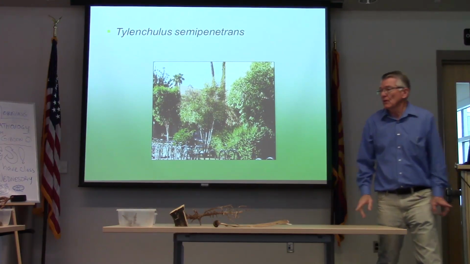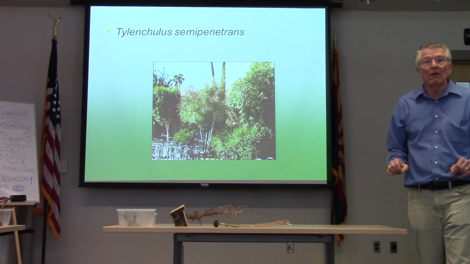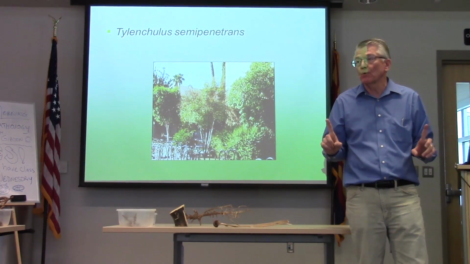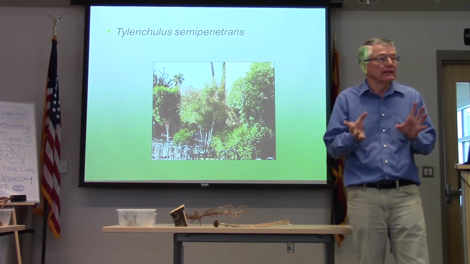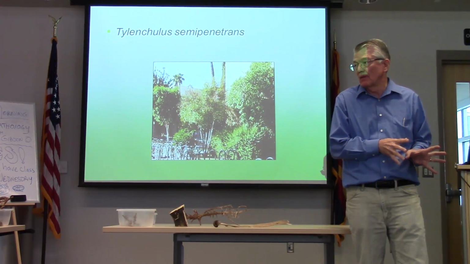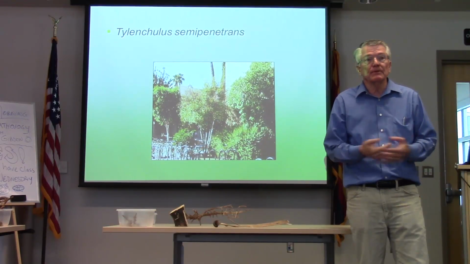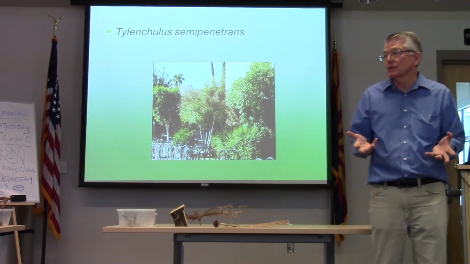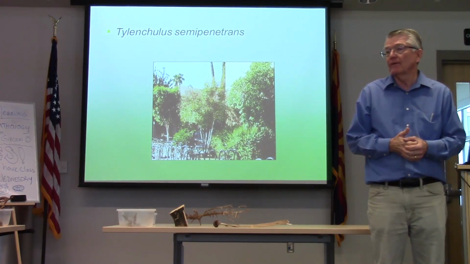A nematode is a small, microscopic roundworm, not a segmented worm like an earthworm. It's a roundworm, a totally different type of animal. Microscopic, you can't see them with the naked eye. You have to look at them under a microscope to find them.